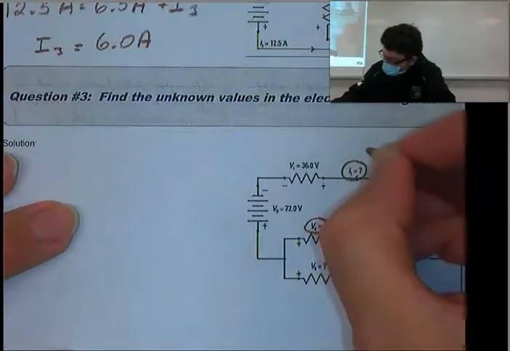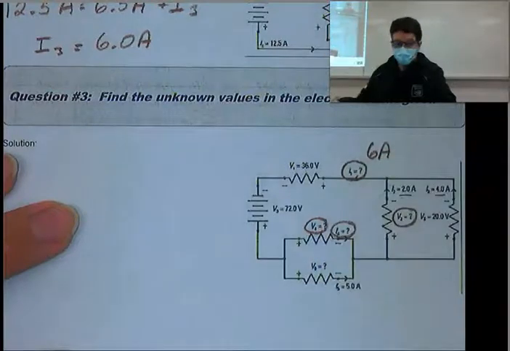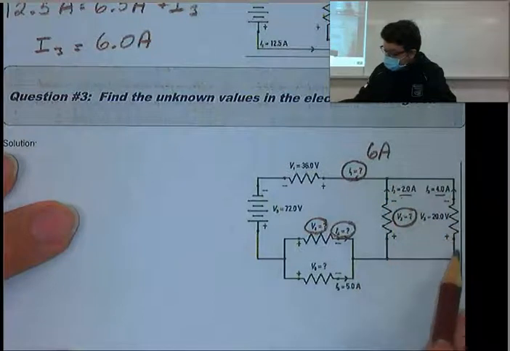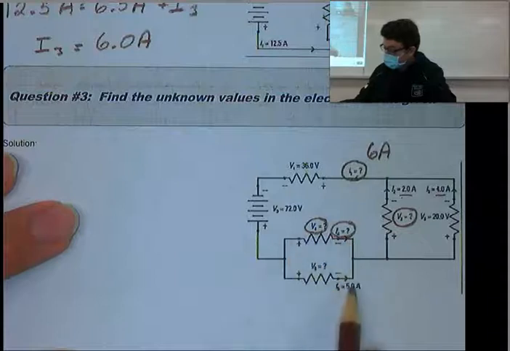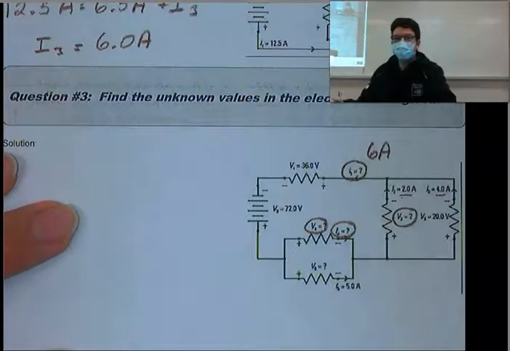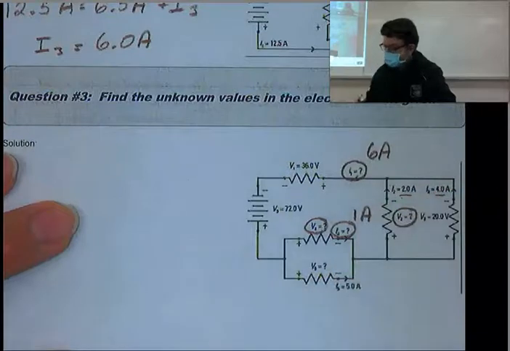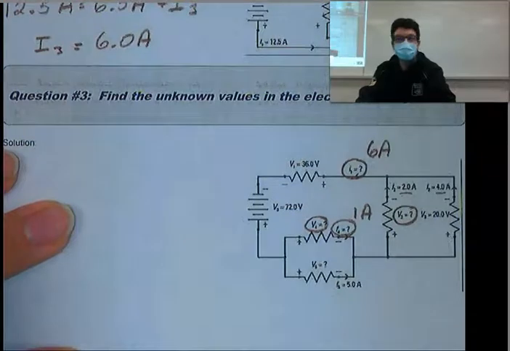So this must be 6 amps. And so we had 6 amps, which then split into 2 and 4. And then they came back together and then split again into 5. And, well, the other one must be 1 because it will add to 6. So 1 amp. And so there's our Kirchhoff's current rule for this mixed circuit.